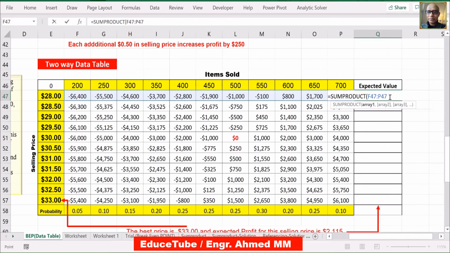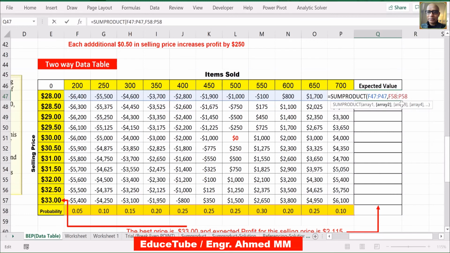Now put a comma and then I have to select this probability. So let's select the probability. I selected it because this will be multiplied with all these rows. But as this is only one place, it is absolute, I must lock this value. So I have to lock this probability row.